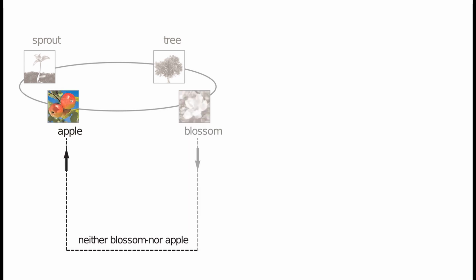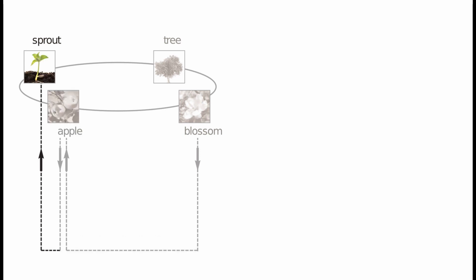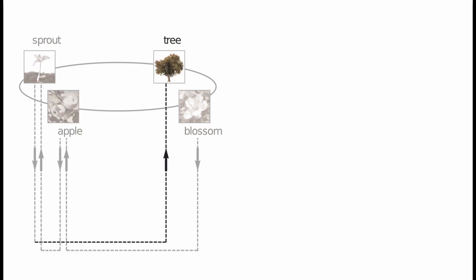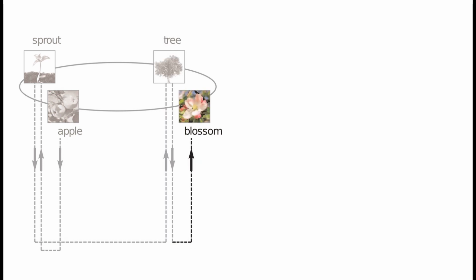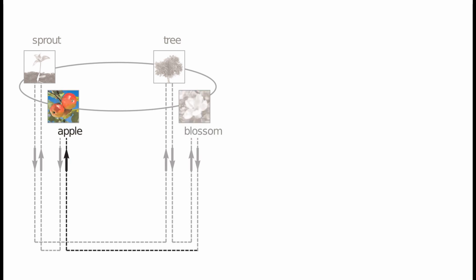This transition phase, this in-between phase, also occurs in all other transitions. From apple to sprout, from sprout to tree, and from the tree without blossoms to the tree with blossoms. These transitions all have something in common.